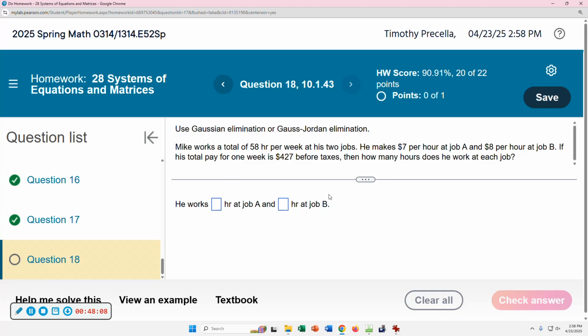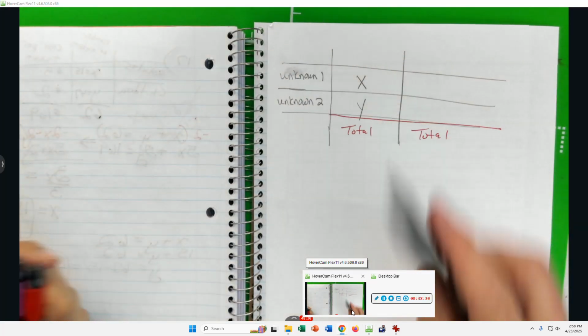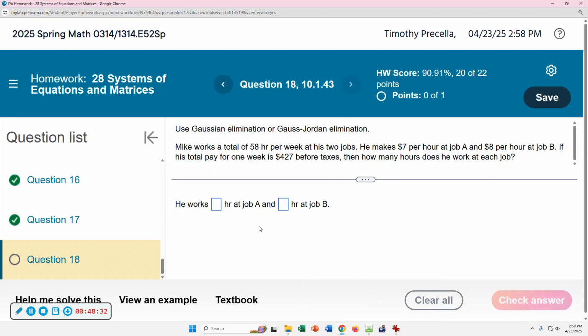But what are our unknowns? What do we not know? The way they phrase the questions and the way they want the answer, they're sort of telling us what those unknowns are. But I want to hear someone tell me. What are you going to label for unknown 1 and unknown 2? Job A and job B. Mike has two different jobs.